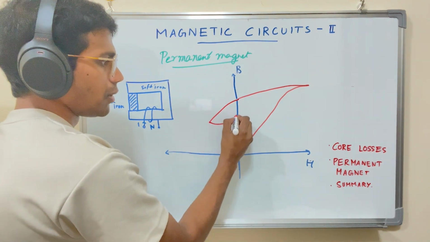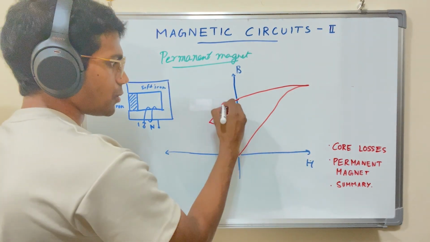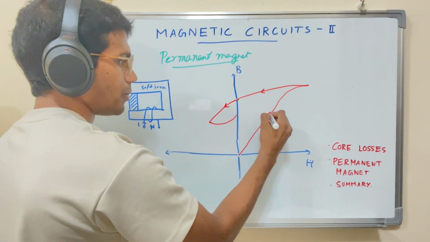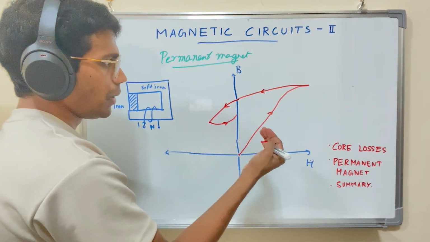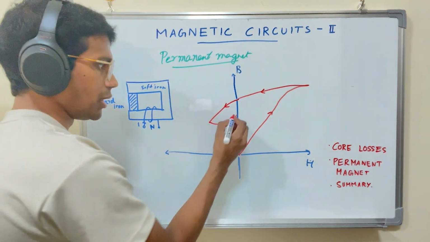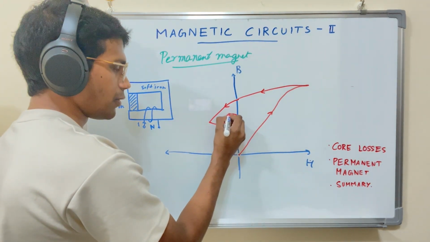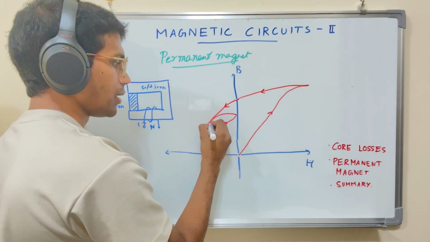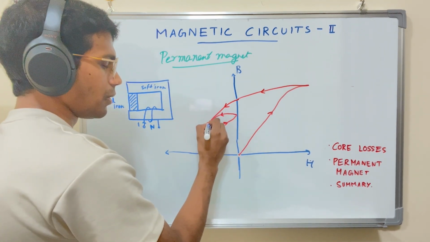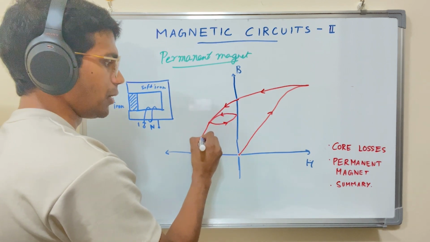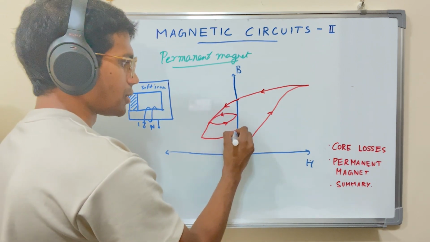And then if we bring back, I'm just going to draw some arrows so we can be clear. It goes this way. And when we increase the H in the opposite direction again, it follows this way. So if we do the same thing at another point, we get the same result.